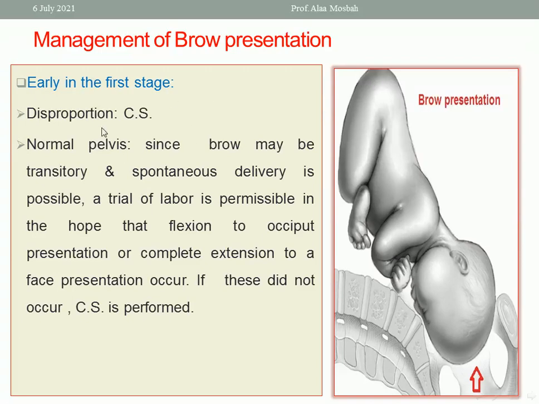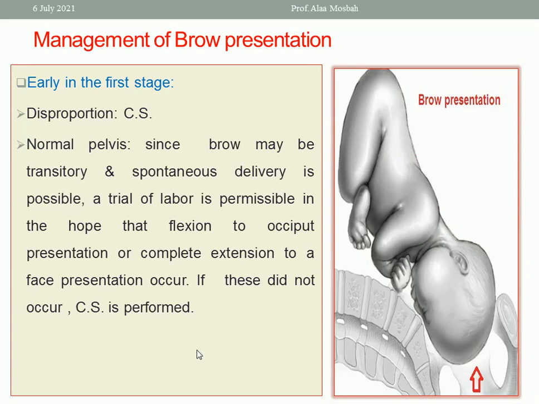Early in the first stage, for management, if there is fetal pelvic disproportion, we will do cesarean section. If the pelvis is adequate and normal, and we suspect that this may be a transitory brow, we can give a chance for trial of labor, because this brow may change to face or vertex as we mentioned before.